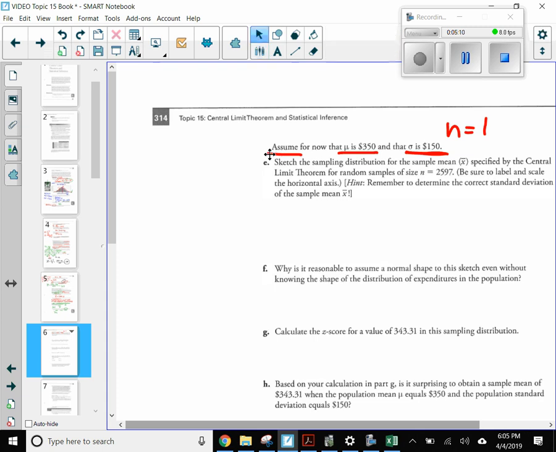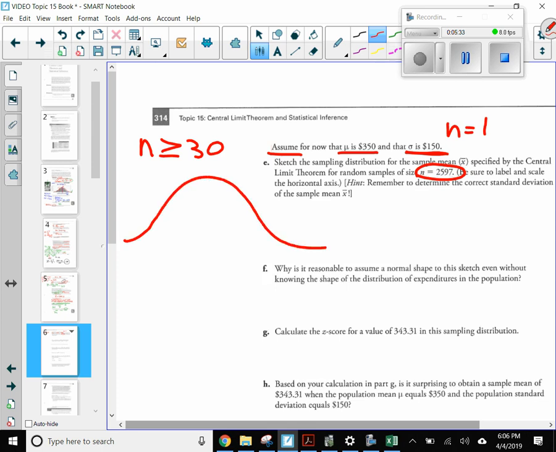Well, first of all, for a quantitative variable we need n greater than or equal to 30. Yeah, it certainly is. Our n is 2597, so our sample size is plenty big enough. And we know that our distribution of sample means is going to be normally shaped, unimodal and symmetric. We know that the mean of it is going to be 350, because that's what they told us. That's our mu.